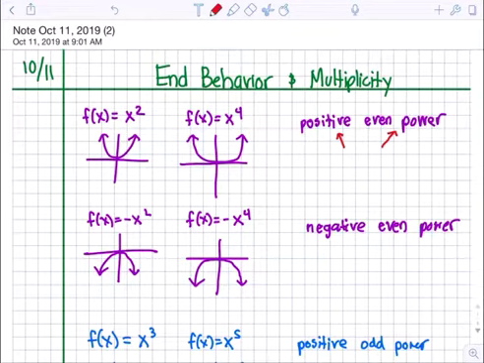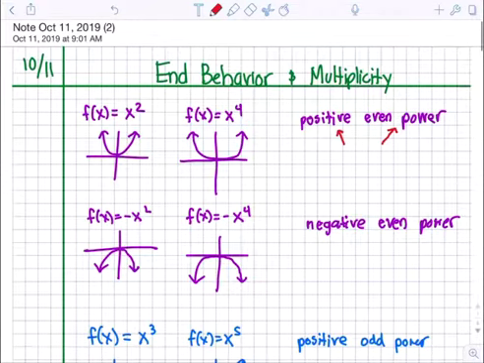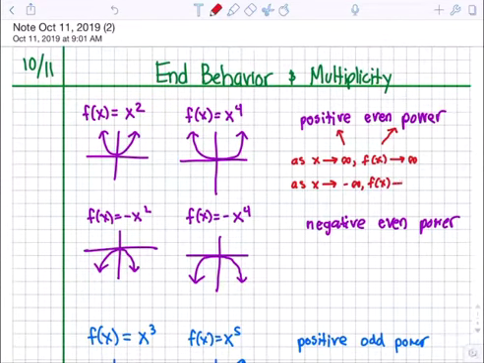When we describe the end behaviors, we write this as: as x approaches infinity, f of x approaches infinity, and as x approaches negative infinity, f of x approaches infinity.